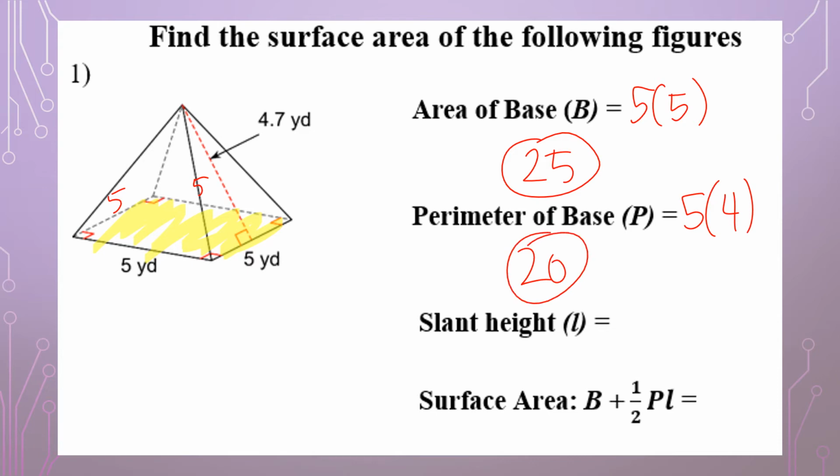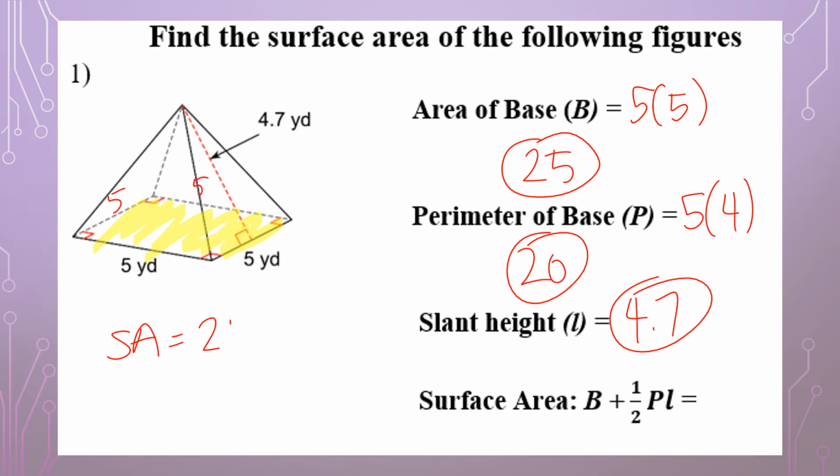And then the slant height of this figure is 4.7. We do not need to find the actual height of this figure right now because we don't need it for our formula. So for surface area, we're going to plug in B. I'm going to write over here because I don't have quite enough room.